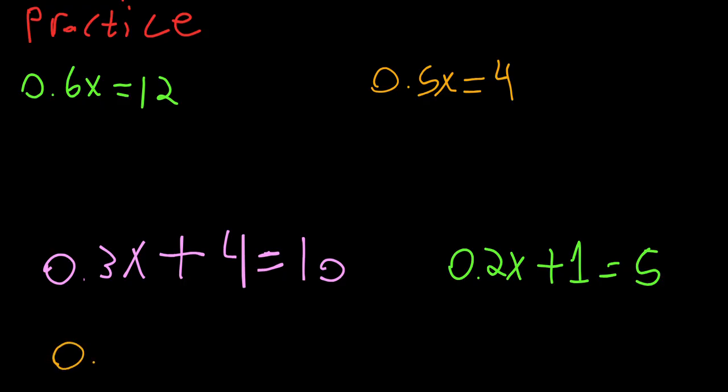You do this one on the bottom, 0.02x equals 0.4. We're going to add that one on there. So you go ahead and do all 5 of these, and I'll work through them myself.